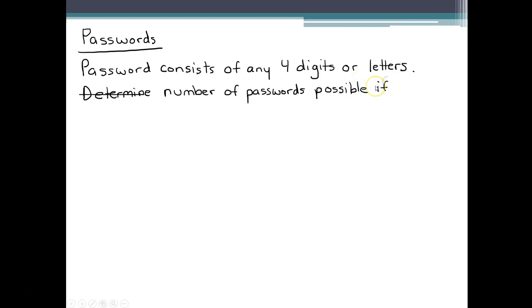Part A: letters are not case sensitive. So a lowercase letter counts the same as an uppercase letter.